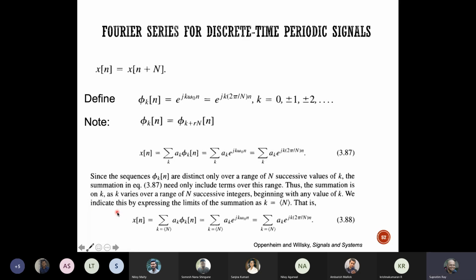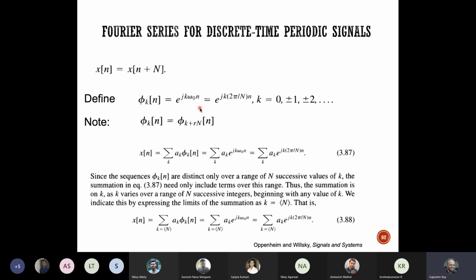And it being periodic means that if I add some number n, it's the same as this. So x of n is equal to x of n plus capital N, which is equal to x of n plus 2 capital N, and so on. Now I want to know whether I can represent a discrete periodic signal as a bunch of unit length complex exponentials like before.